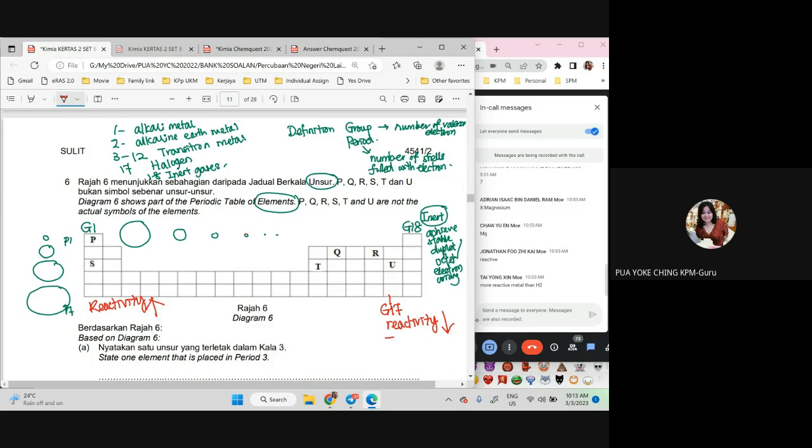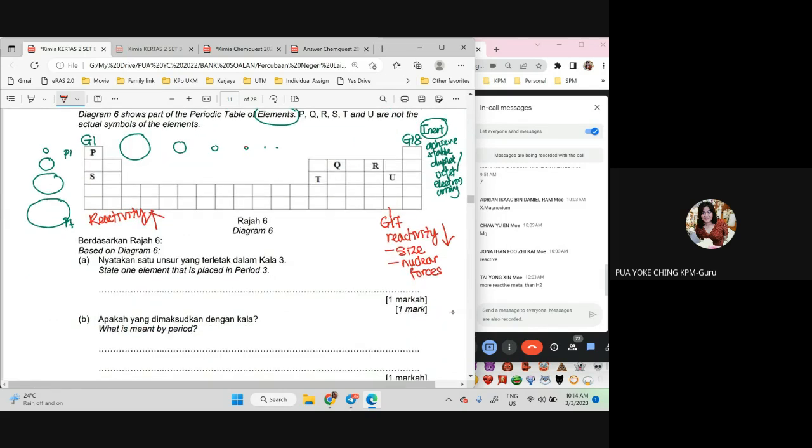Explanation start from your size, atomic size, and then second point about your nuclear forces of attraction, daya tarikan antara nukleus dengan elektron. And then point 3 is on accept atau release elektron. Senang atau sukar untuk menerima, menarik ataupun membebaskan elektron.